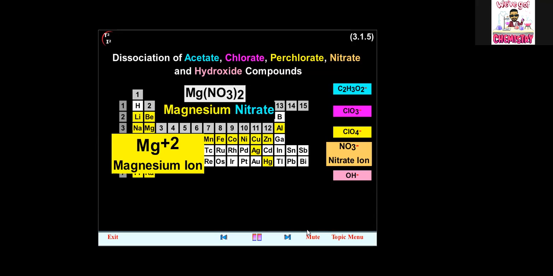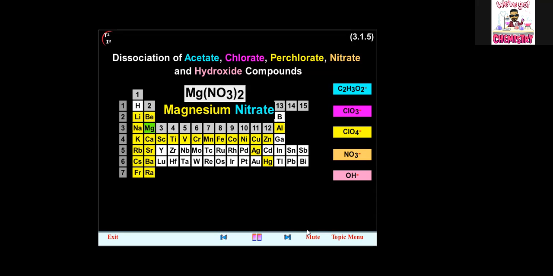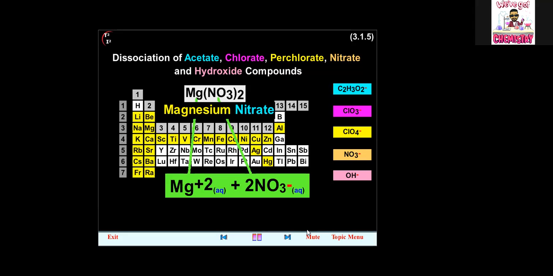Magnesium nitrate, Mg(NO3)2, is soluble in water. When dissolved, it breaks down into Mg plus 2 aqueous and 2 NO3 minus aqueous.